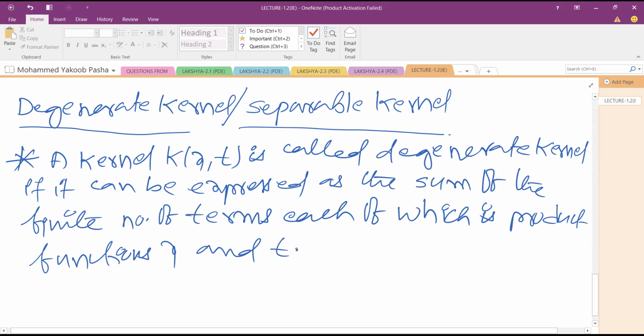That means the kernel in the form of k of x comma t is equal to the sum of alpha of x into beta of t. It is a product of x and t. Okay, you may take the summation of all terms.